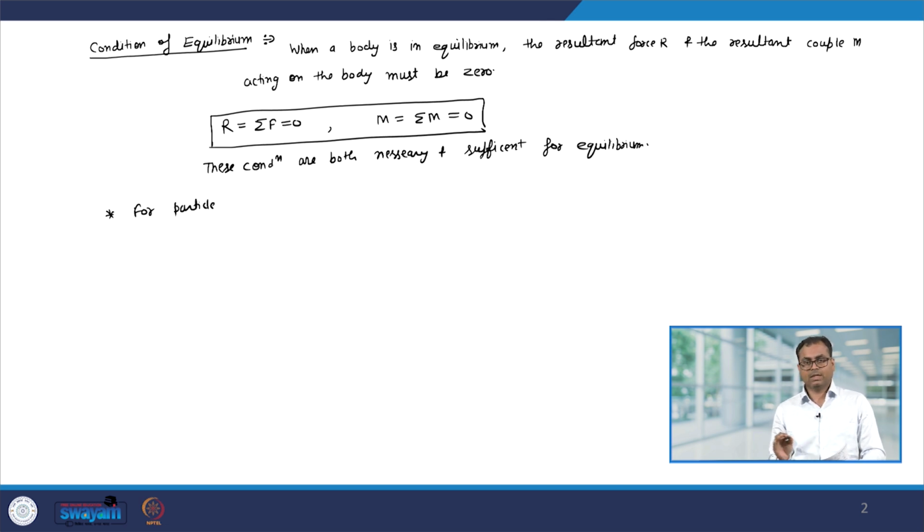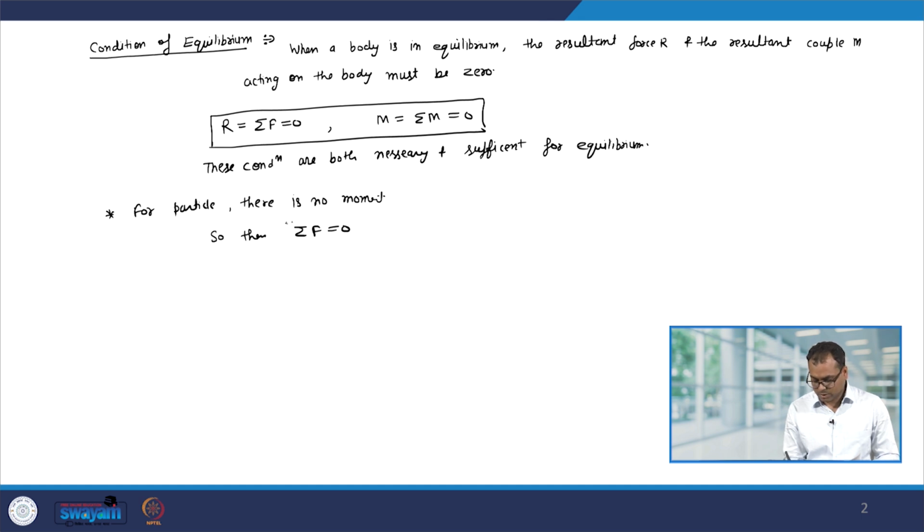Therefore, the condition that M equal to 0 is no longer required. For a particle there is no moment, therefore, the condition is summation F equal to 0. Now, this equation is a vector equation. So, actually F equal to 0 means Fx equal to 0, Fy equal to 0 and Fz equal to 0.